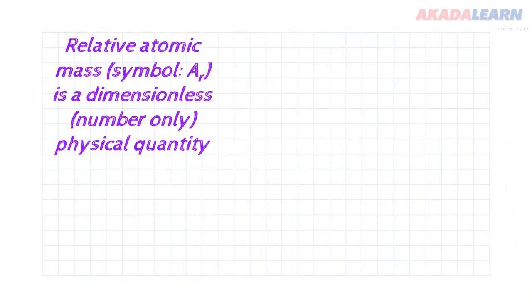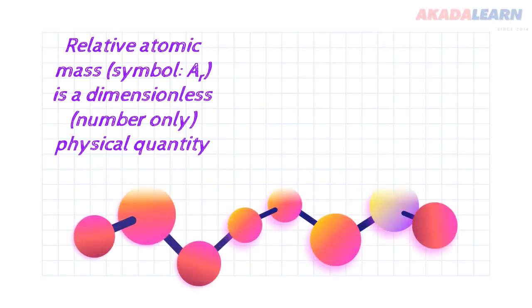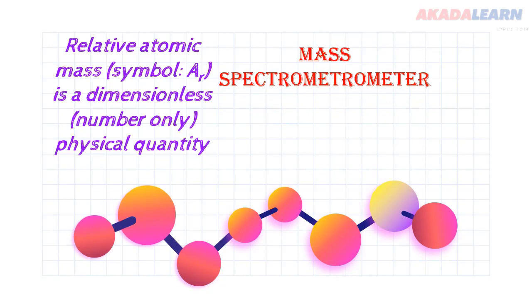The relative atomic mass has the symbol Ar and is a dimensionless physical quantity. What this means is you can write the value without putting a unit. The mass spectrometer is the machine used to measure relative atomic masses of elements.